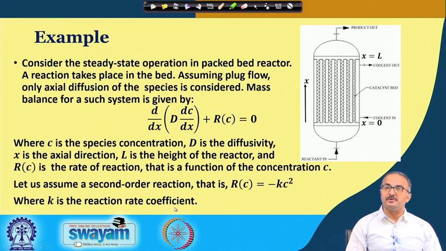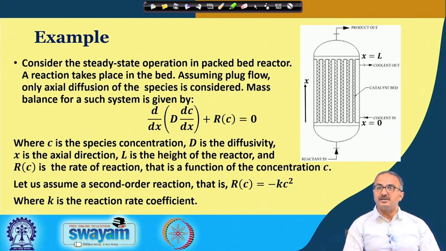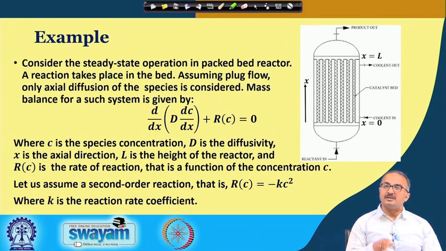As I told you in the previous class, the reaction rate constant may be obtained from an Arrhenius type equation. Okay? An Arrhenius type equation is used if there is a change in the temperature. That means if we consider this reaction to be having a thermal effect also, because of exothermic or endothermic effects, then we will also write one energy balance equation, and from the energy balance equation we shall be able to obtain the temperature distribution along the flow direction.